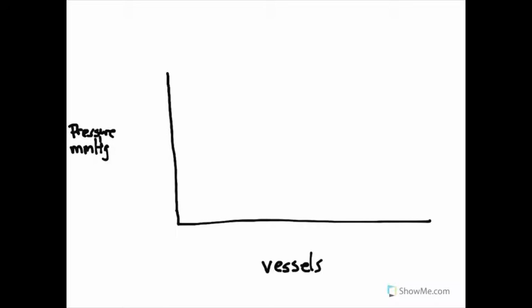Let's start with the types of vessels, beginning in the aorta, and then we'll look at some vessels that come off the aorta, some other elastic arteries that we might have in the body.